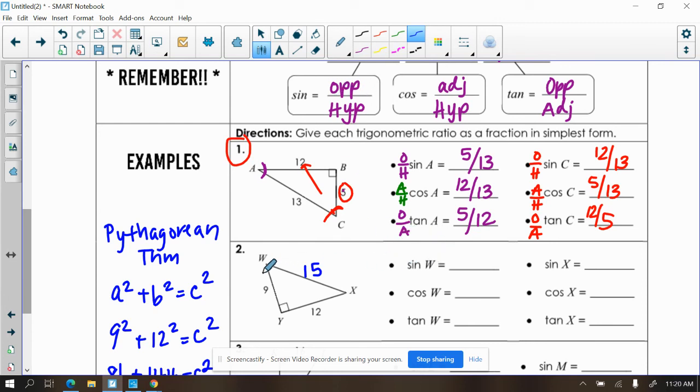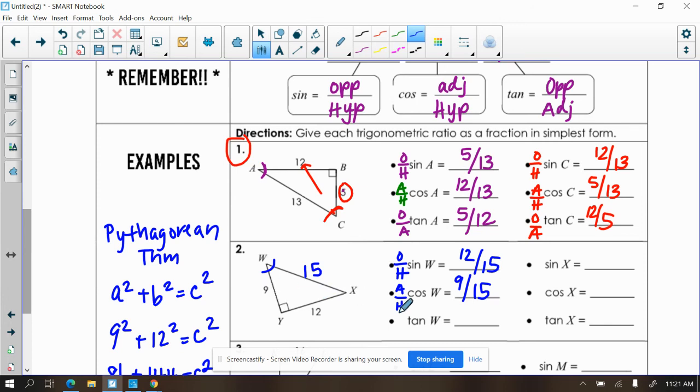So sine of angle W. So let's look at W. Sine, we have to remember opposite over hypotenuse. Opposite side is 12. My hypotenuse is what we found to be 15. Cosine, adjacent over hypotenuse. So of W, adjacent is 9, and hypotenuse is 15.